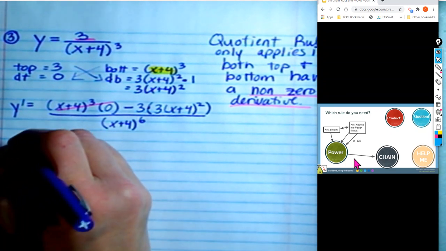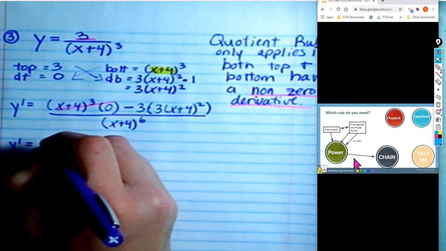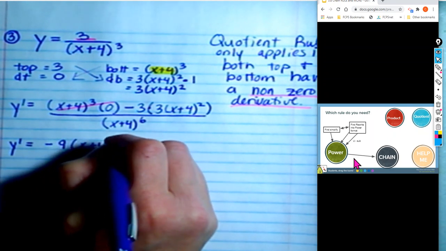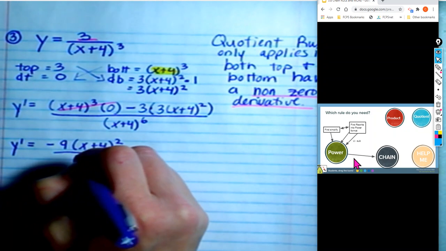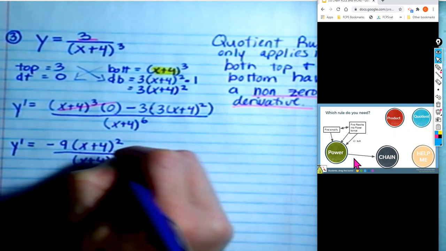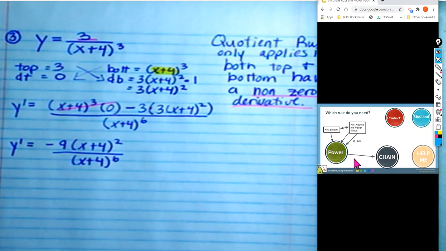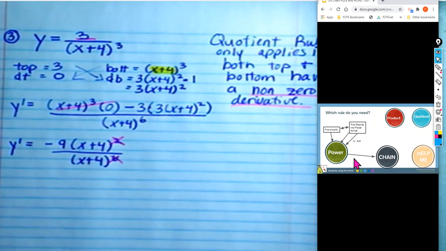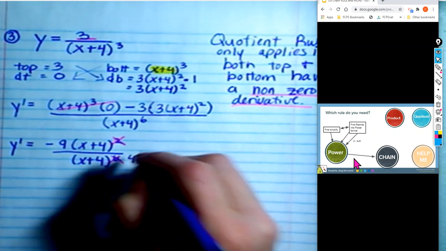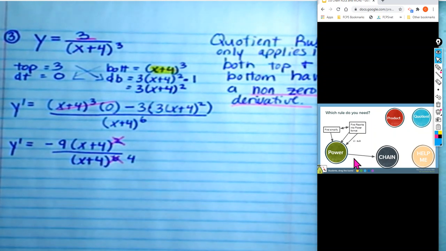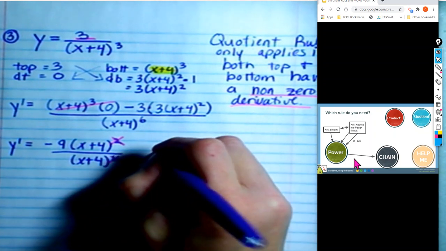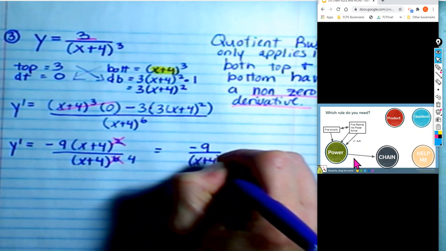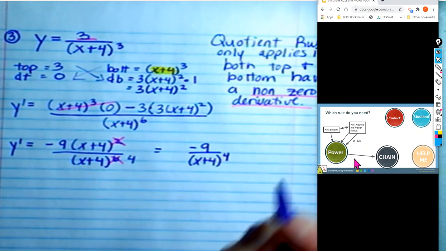So let's figure out what we have. Minus 9 (x plus 4) squared. You're going to have to reduce this, all right? And so these 2 cancel out, and you're only left with 4 on the bottom. Equals negative 9 over (x plus 4) to the power 4.